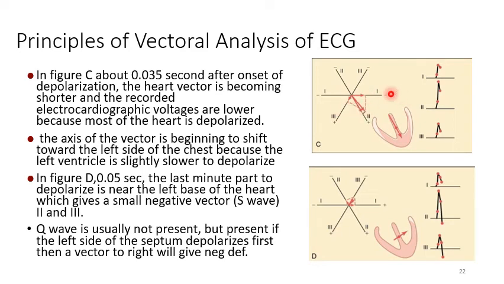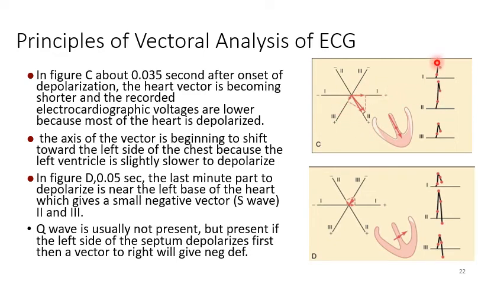And how is it going to be drawn on the three ECG leads? First, let's start with lead 1. This is the perpendicular line to lead 1, and this is the projected lead 1 vector of the cardiac axis, and this is for 2 and this is for 3. It's longer in lead 2 and it is positive because it is on the positive side of the axis.